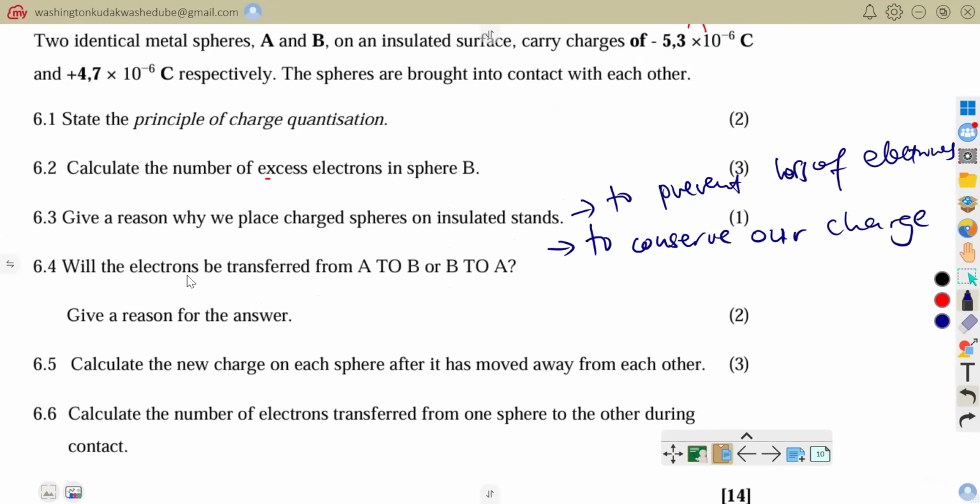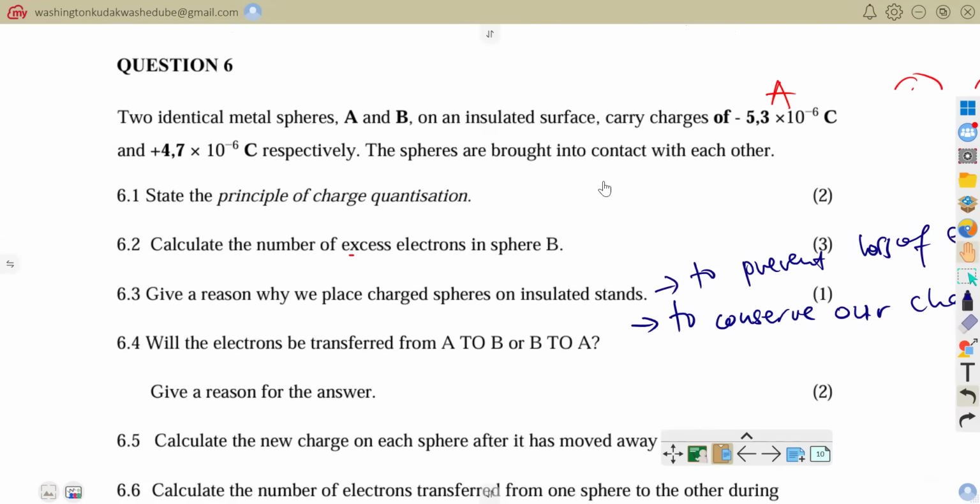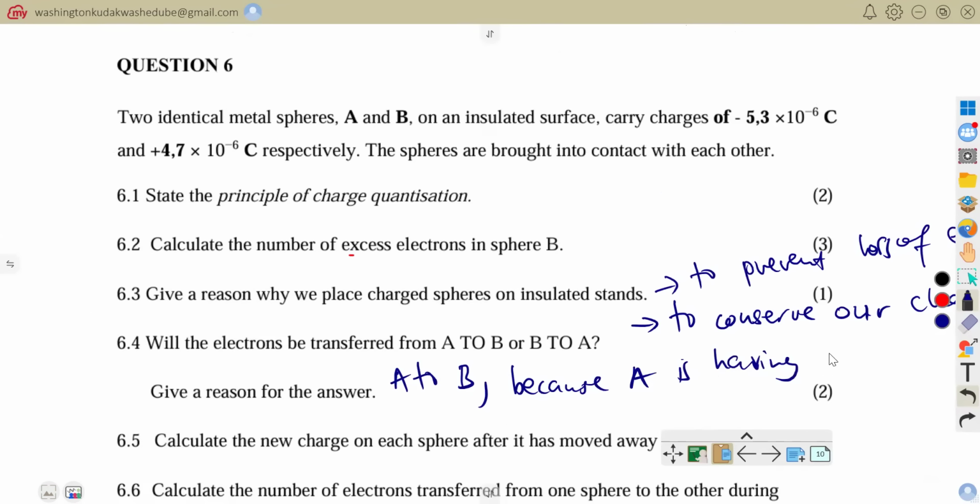Will the electrons be transferred from A to B or from B to A? Electrons would be transferred from negative to positive. The negative is the one that has excess electrons, so we are going to transfer from A to B, because A has excess electrons because of its negative charge.